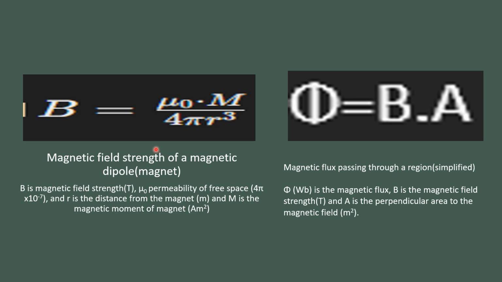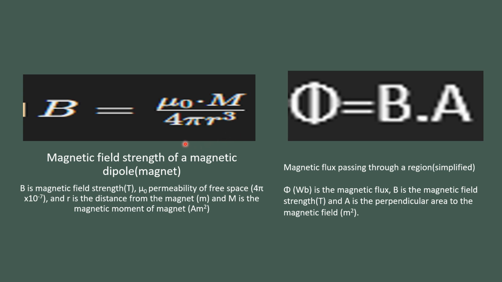For this equation, B is the magnetic field strength in Teslas, mu0 is the permeability of free space, 4 pi times 10 to the minus 7, R is the distance from the magnet in meters, and the capital M is the magnetic moment of the magnet.